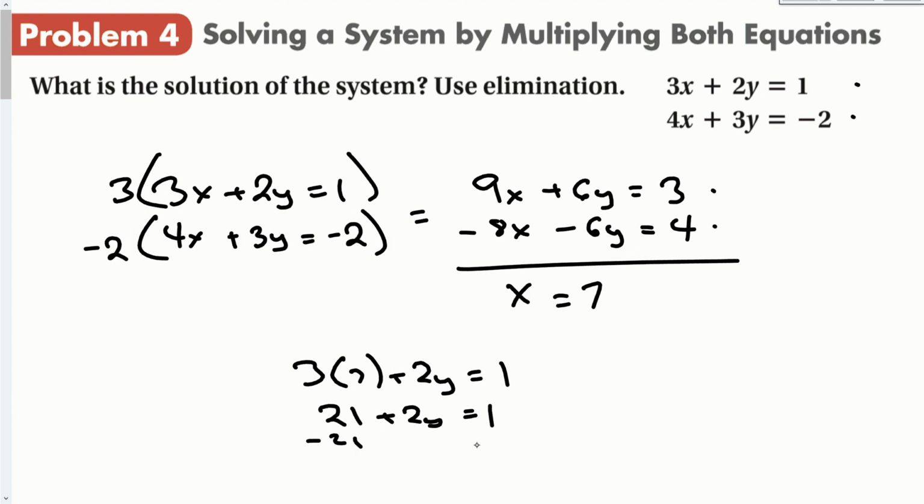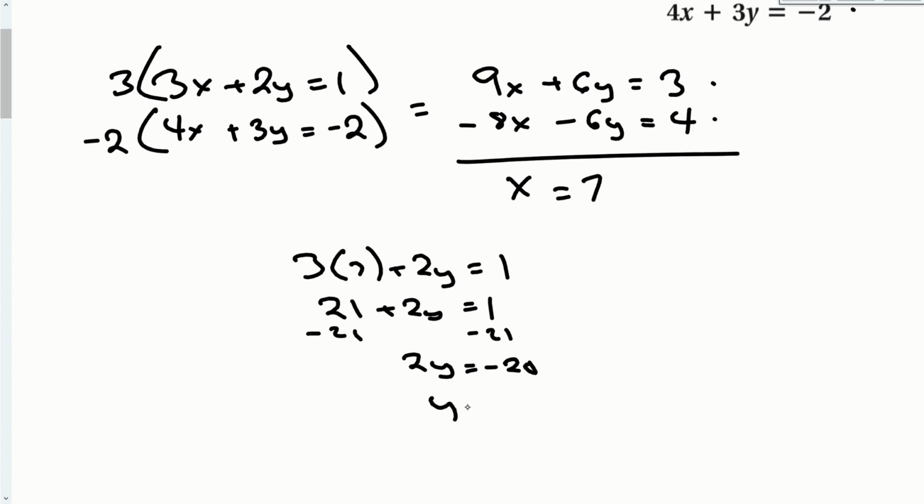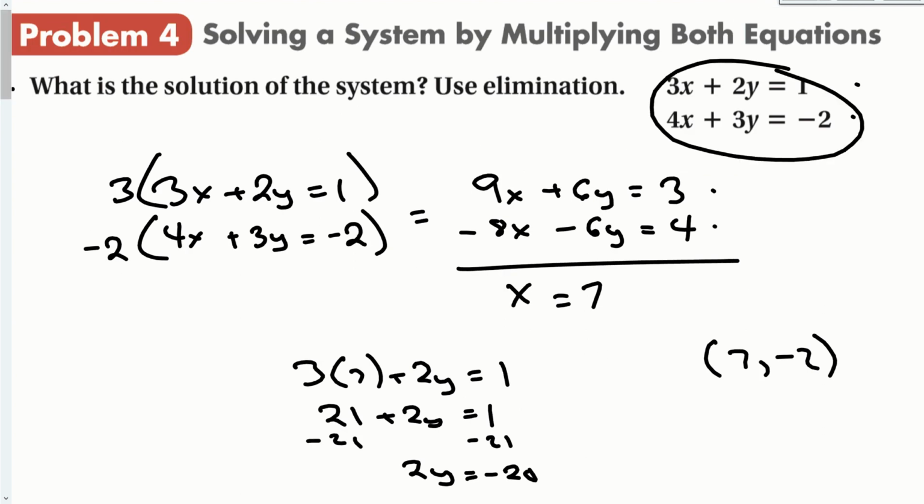Subtract 21 from both sides gives me 2y is equal to negative 20. So y is equal to negative 2. My answer, x comma y, is the place where these two lines intersect.